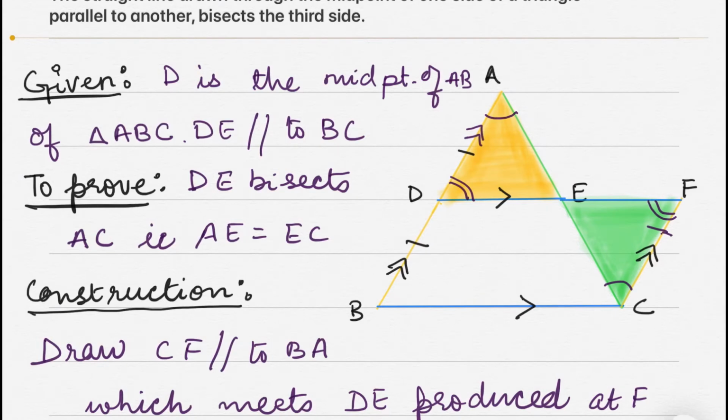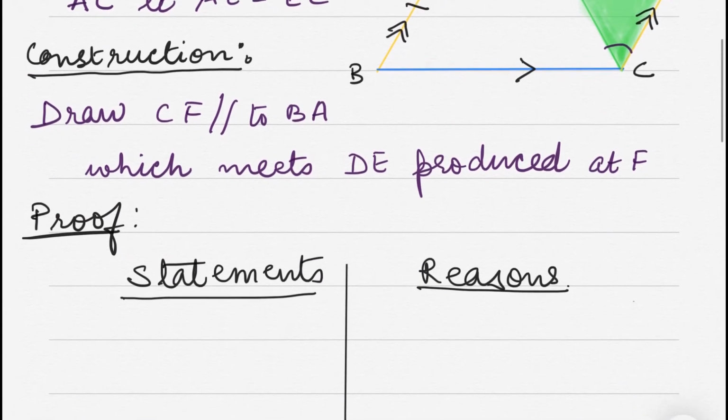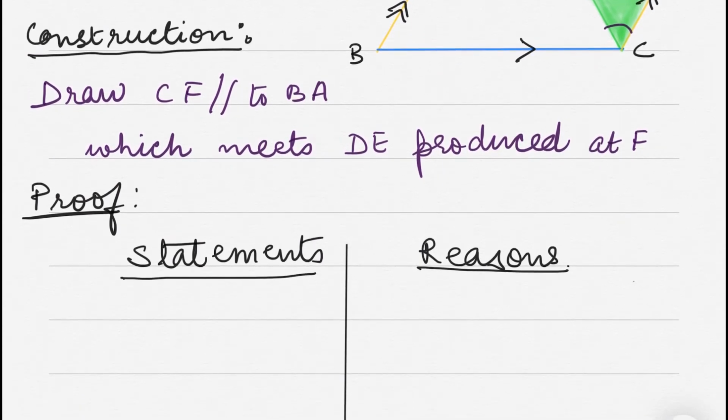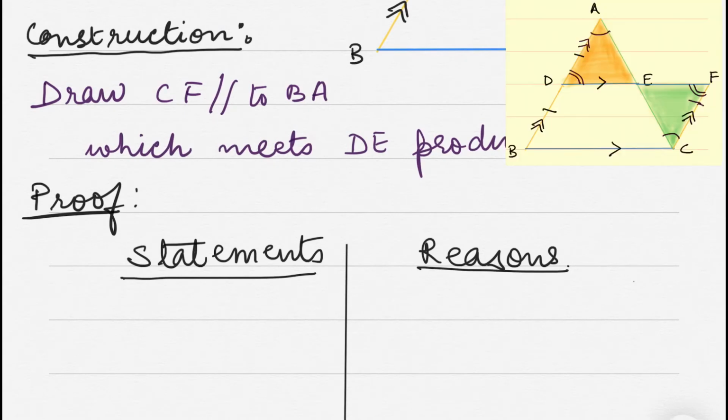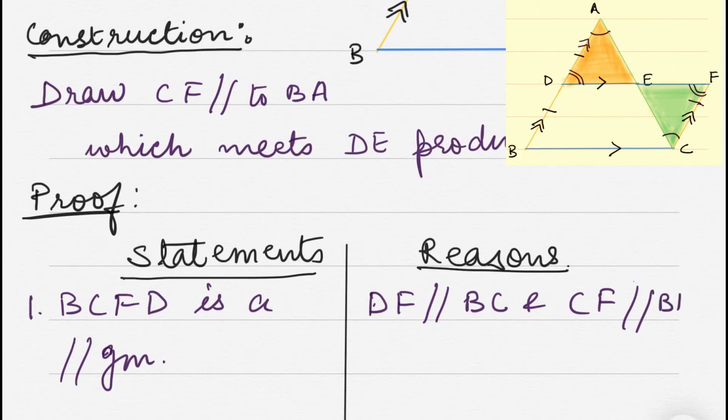Now let's write down our proof. So we have to write down a few statements and we have to write the reasons for those statements. Okay, so first statement I can say is that BCFD is a parallelogram. Correct? Why we have the reason DF is parallel to BC and CF is parallel to BD.